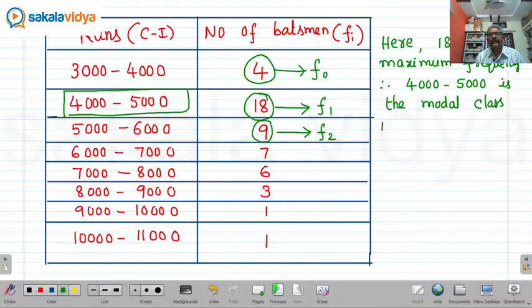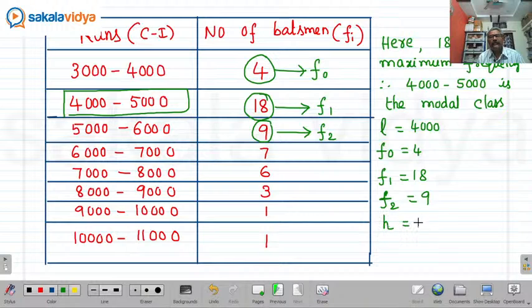So here L equals 4000, F0 is 4, F1 is 18, F2 is 9, h equals 1000.